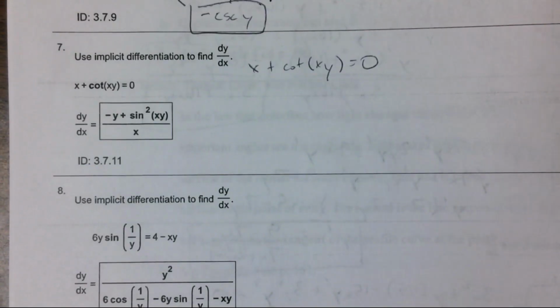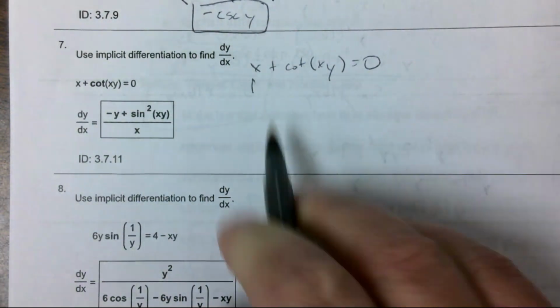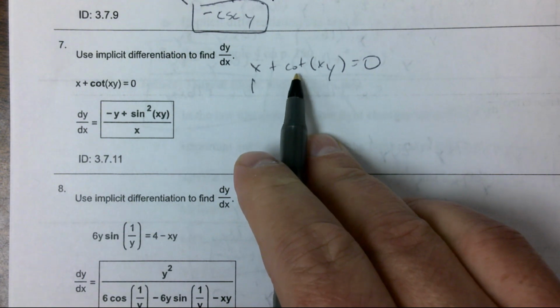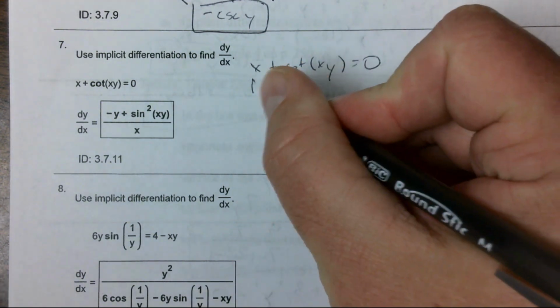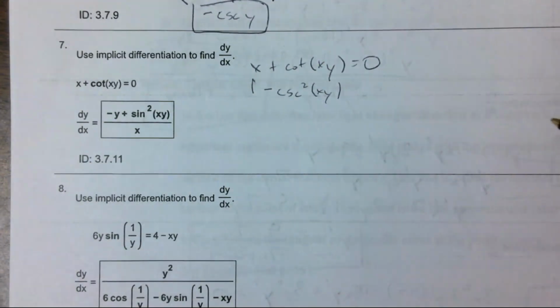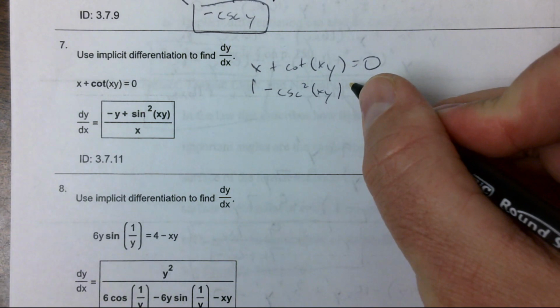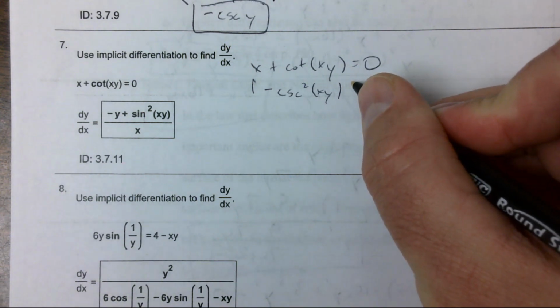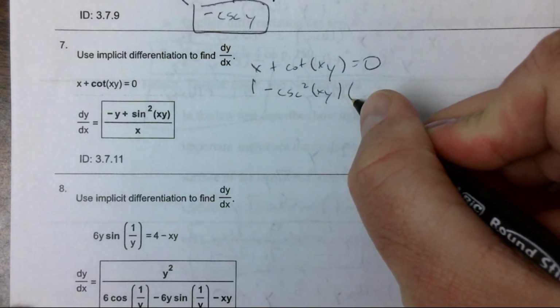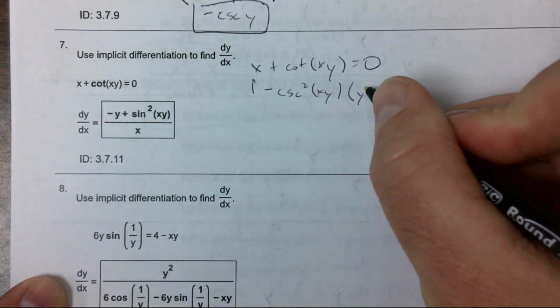Okay, so on ours, the derivative of x is 1. The derivative of cotangent is negative cosecant squared. Keep the xy the same. Then you need to take your derivative of the inside parentheses part, and so that's the product rule section where you have to do y times the derivative of x, which is 1.